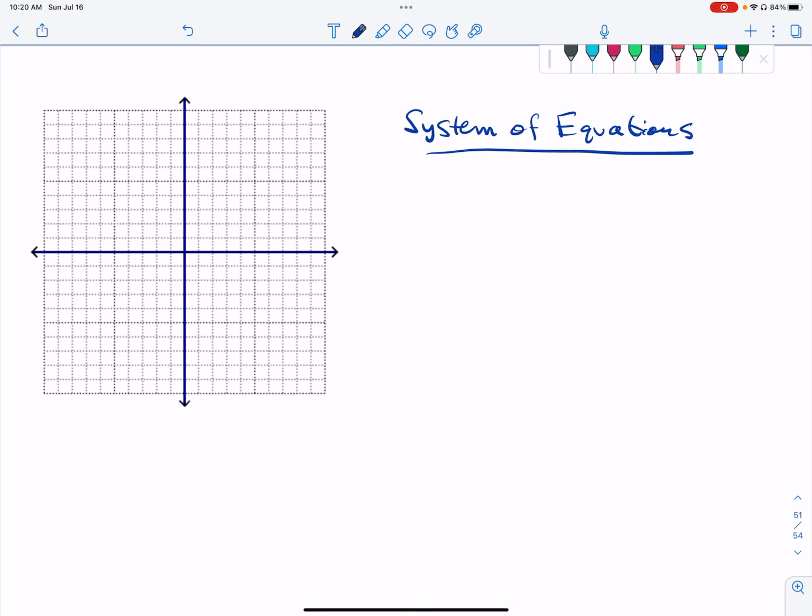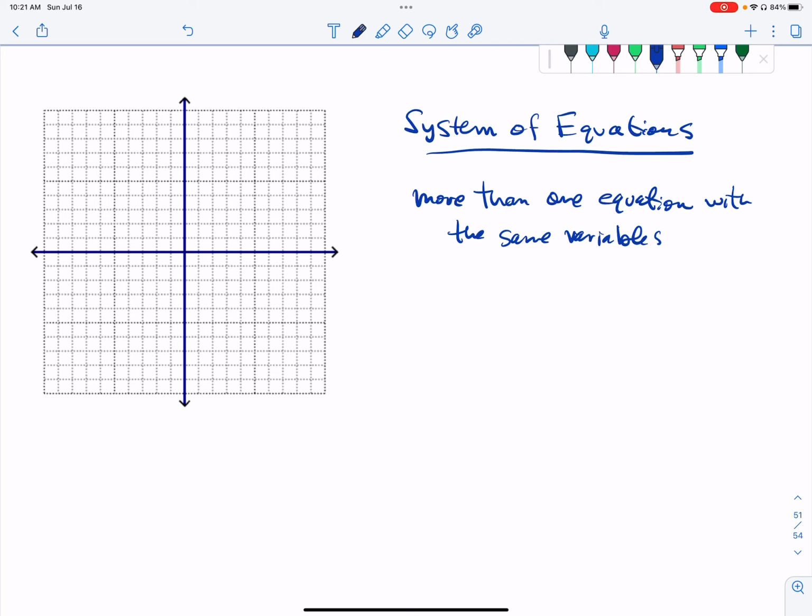Just to repeat this, you've got more than one equation with the same variables. The ones that you did last year mostly were linear equations with x's and y's, and then probably whenever you did quadratics, you maybe threw in a parabola too.